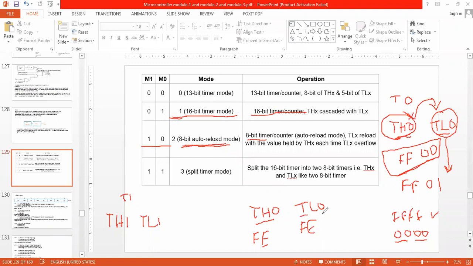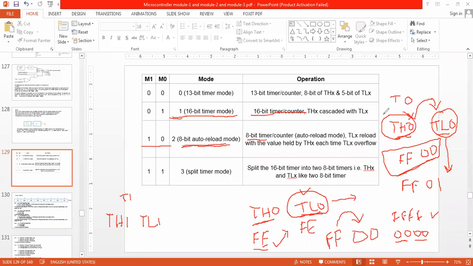If I start the timer, only TL0 will start incrementing. What will be the next incremented value? FF. Then if I increment one more time, it will be 00. Whenever it jumps from FF to 00, again FE is loaded into TL0. So TL is auto reloaded with the value of TH. This is an 8-bit timer, which is why only TL0 is incrementing.